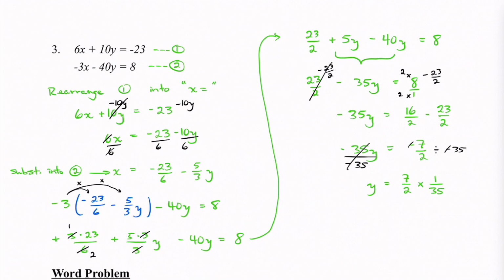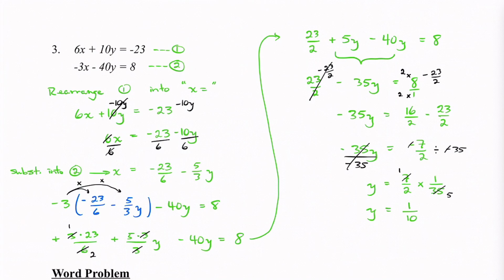This is a trick that you can use. Then I can do some canceling. I can divide 7 by 7, and I can divide 35 by 7, that'll give me a 5. So I have y equals, and when we multiply fractions, you multiply top with top: 1 times 1, that's 1, and then 2 times 5 is equal to 10.